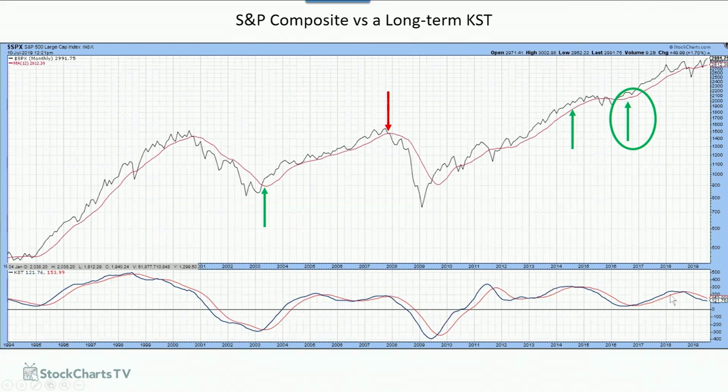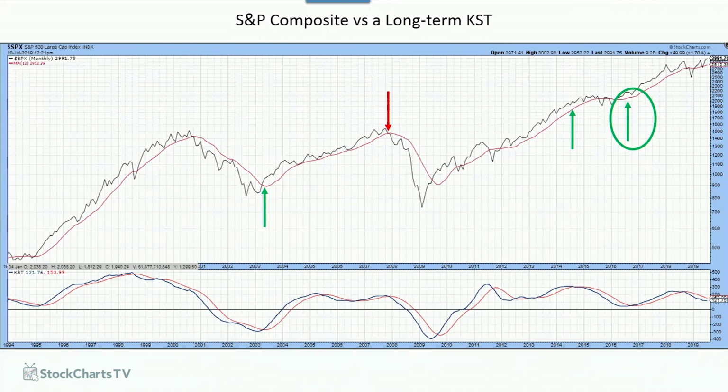And divergence, you want to make sure is always confirmed by a break in the price, either with a moving average crossover, or with some kind of trend line violation, or with some kind of price pattern completion. On shorter term momentum indicators, or on the daily KST, we can occasionally draw trend lines as well.